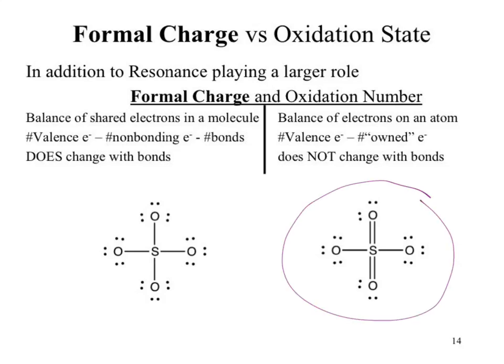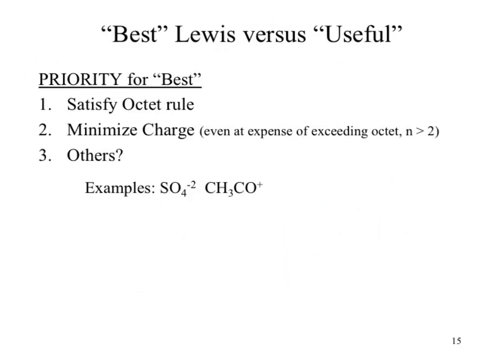Because the formal, or sorry, that's not octet. When we look at our carbonyl compound, I now remembered it. I've got the example right here. Give me a sec. CH3CO+. We've got CH3, C, plus.